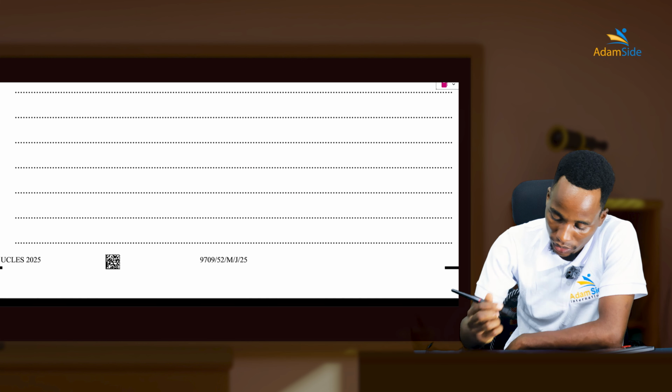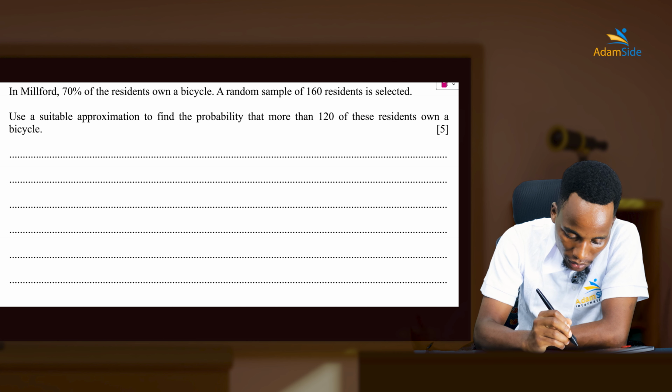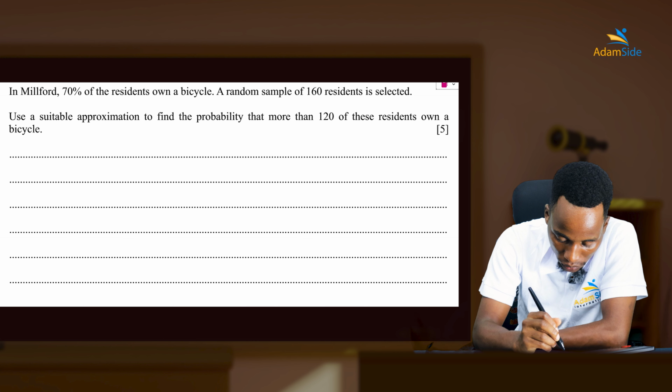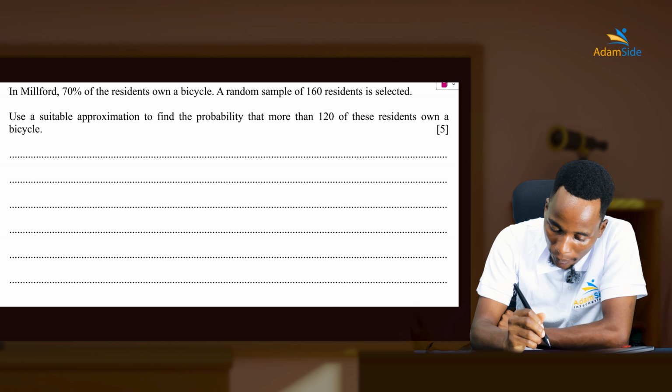Okay, question 2 says in Milford, 70% of the residents own a bicycle. A random sample of 160 residents is selected. So we have n equals 160 residents. Use a suitable approximation to find the probability that more than 120 of these residents own a bicycle.